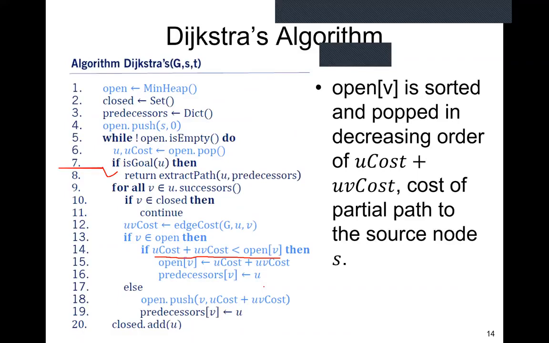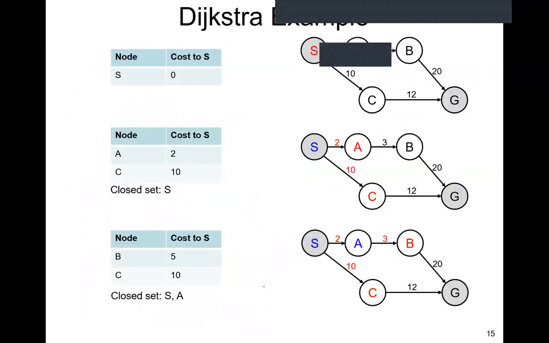So let's look at an example. So here's the running example. You start from node S, cost to S obviously is 0 because you are at S. And then you expand the A and C nodes with costs of 2 and 10, and then you push them into the open set.